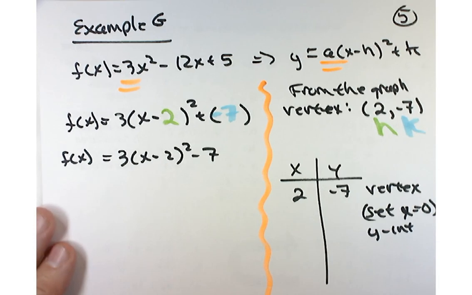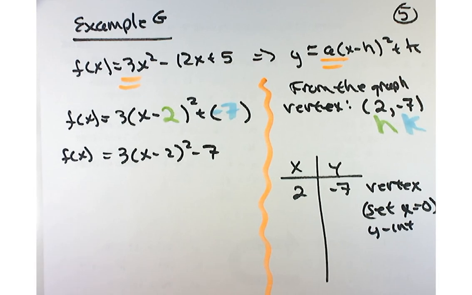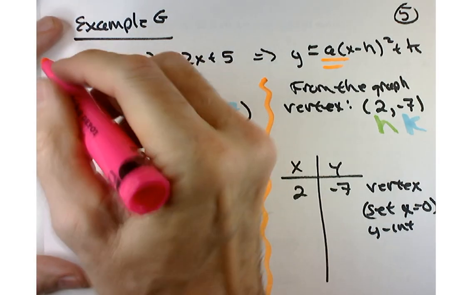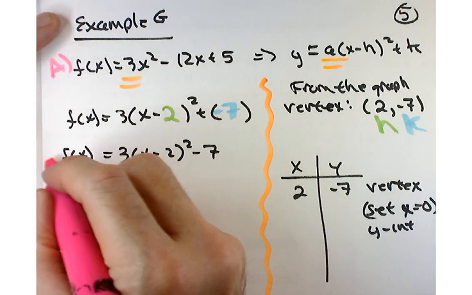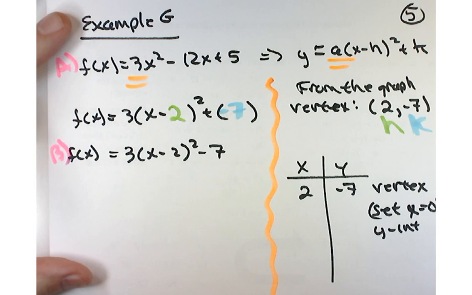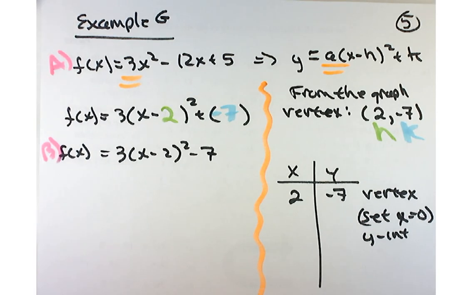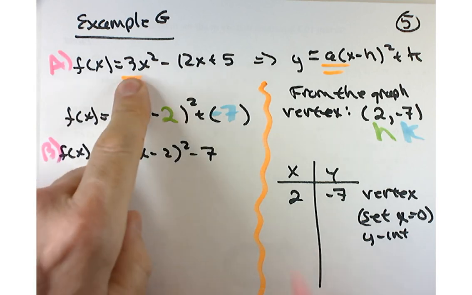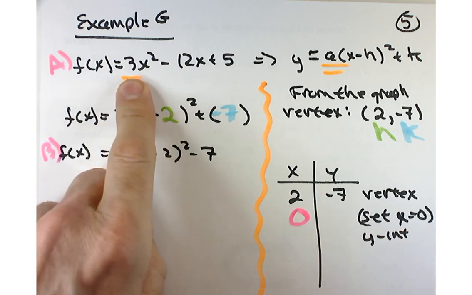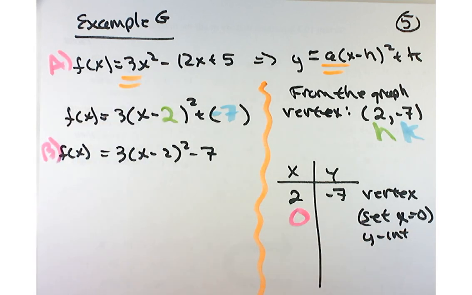You've got 2 different forms that you can use for this. You can use this one A or this one B. Which is going to be easier to set x equal to 0? A all day, right? In fact, you can read off the y-intercept when you set x equal to 0.